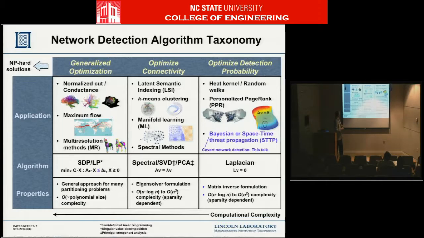There are general optimization methods which use SDPs or linear programming. You can also deal with the topology of the network, so you have some topological thing you care about, like connectivity. These problems typically reduce down to computing eigenvalues and eigenvectors. What I'm going to talk about here, and compare to some of these methods, is optimizing the detection probability. Our optimality criterion is: you're trying to detect this thing, so optimize the probability of detection subject to some fixed false alarm rate.